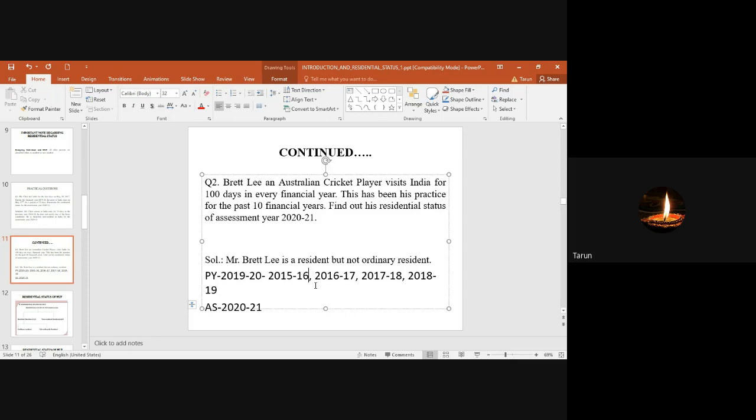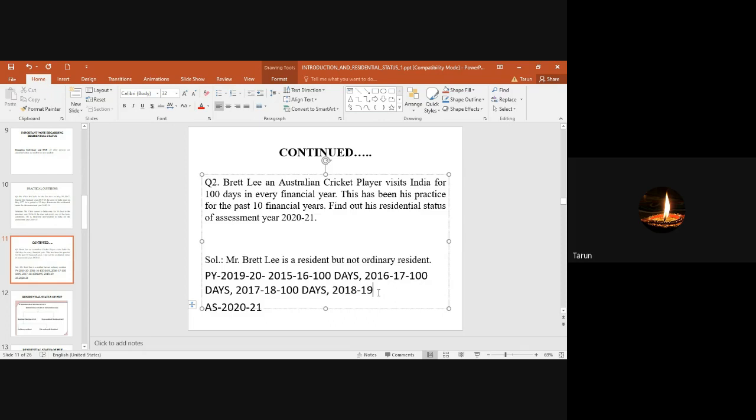So 2015 to 16, how many days? 100. 2016 to 17, 100 days. 2017 to 18, 100 days.